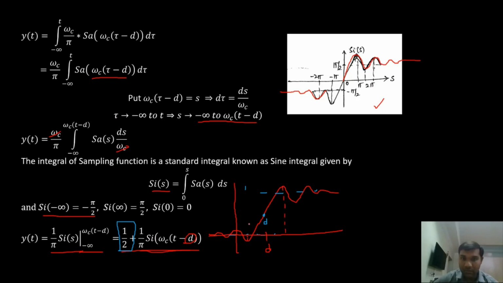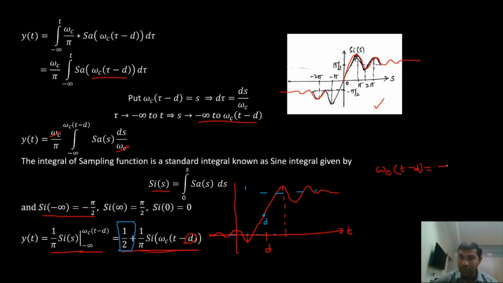I'll consider from this point till this point, from my initial value till my final value, how much time it is taking. That is what I have to find for rise time, right? What is rise time? Rise time is the time taken by the signal to reach its final value from its initial value. Now let me calculate the time limits here. So what is this? This is the sine integral.